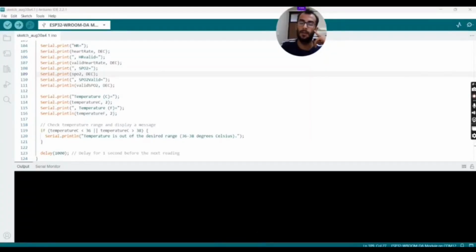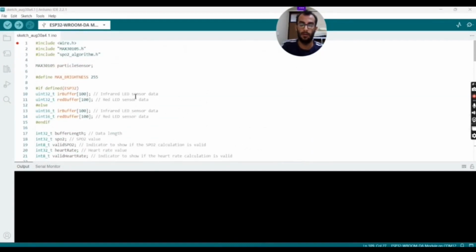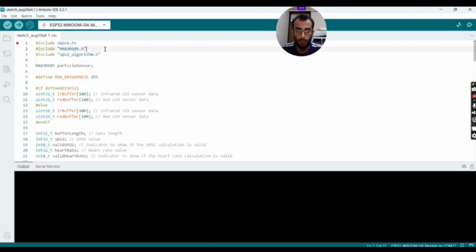Omar Adil Hassan Dumaini. My matric number is AE 2084, and I'm going to present the demonstration of our health monitoring system using IoT. The sensor that we are using is the MAX30105, and we have encountered some problems, so unfortunately we cannot do the demonstration now.